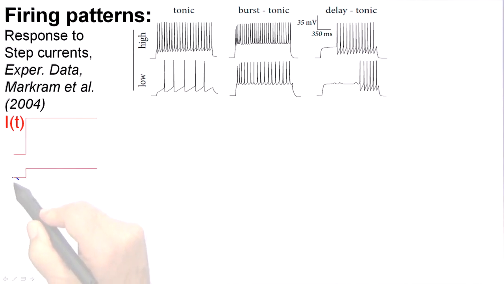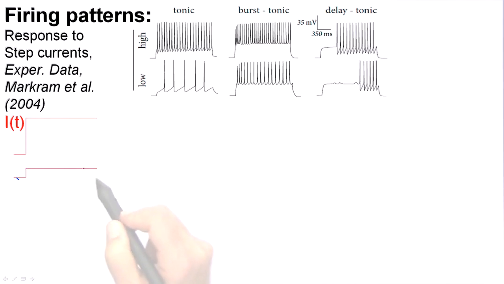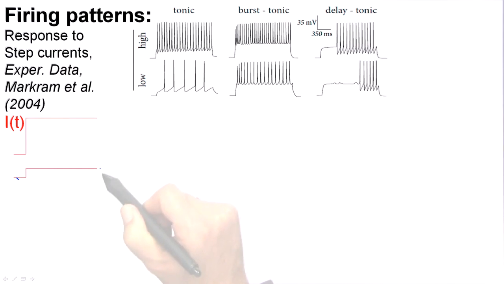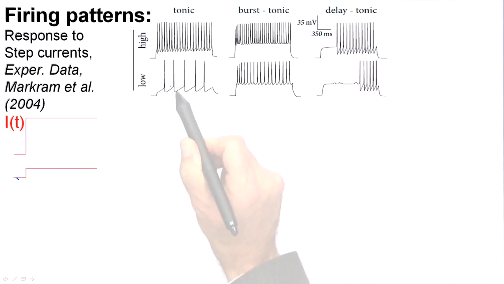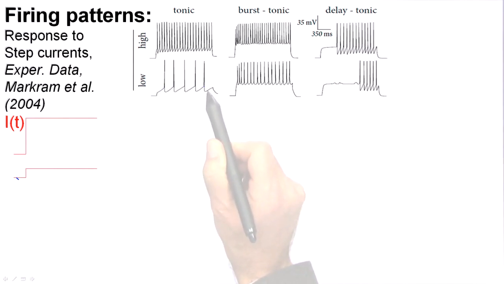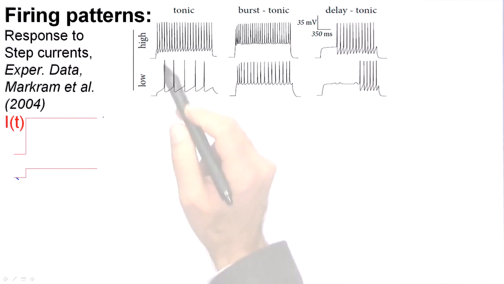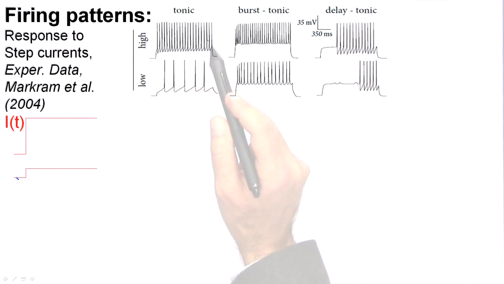As before, it's a real neuron in vitro, in a cortical slice, and the experimentalist injects a step current. Now, this is the case for weak step current, where the neuron fires regularly. It fires tonically. If you go to a larger step input, it still fires tonically.